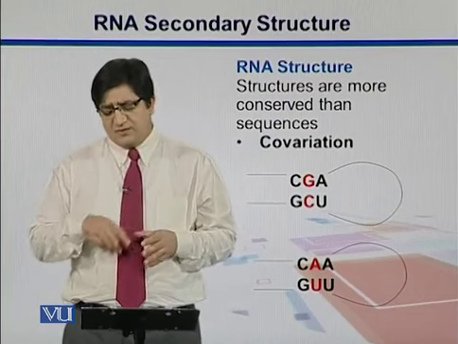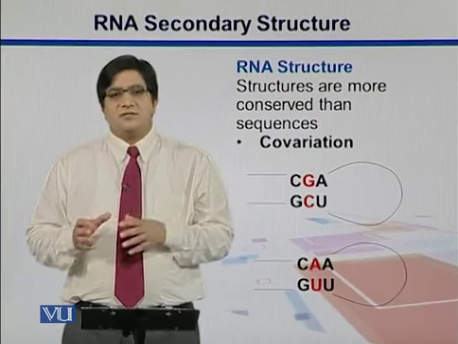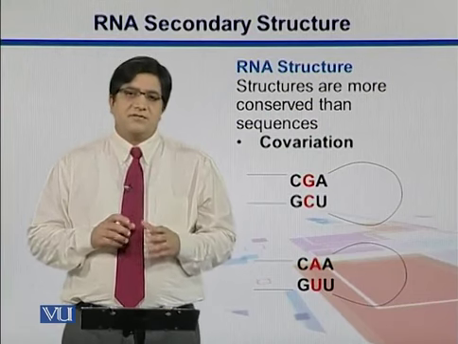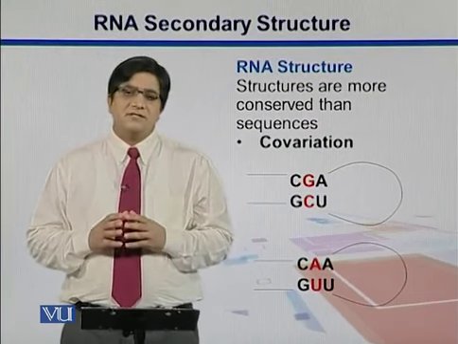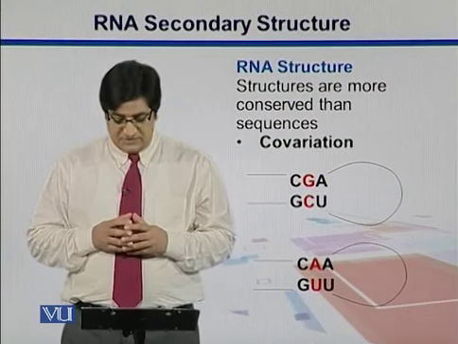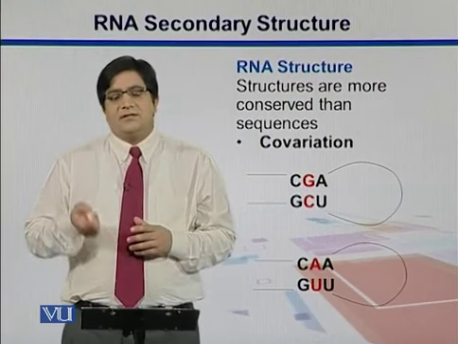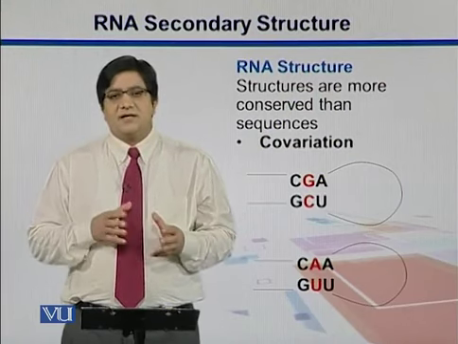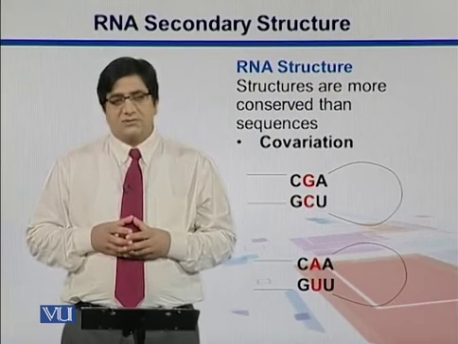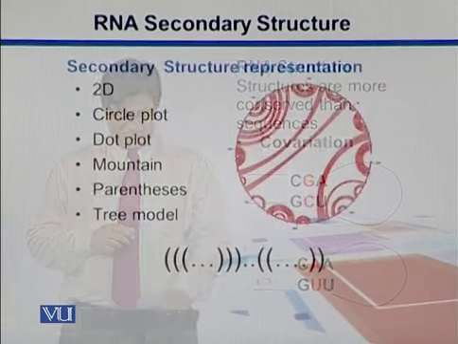That's why this loop comes, and the overall structure is a hairpin. Nature wants to conserve this hairpin structure. So when one of the nucleotides changes, for example this G changes to A in the bottom strand, at the same time the position with which it is pairing also changes. That kind of variation is called a covariation.